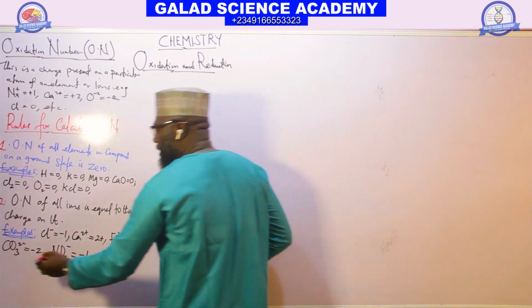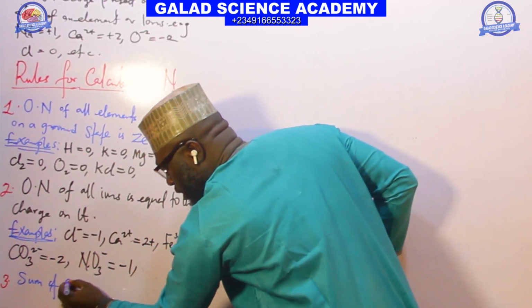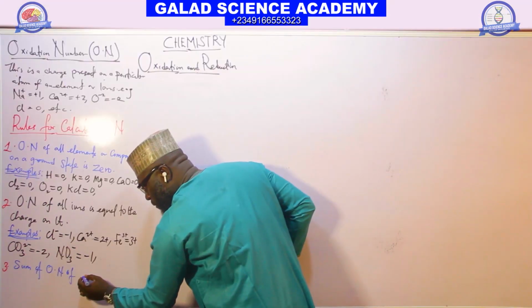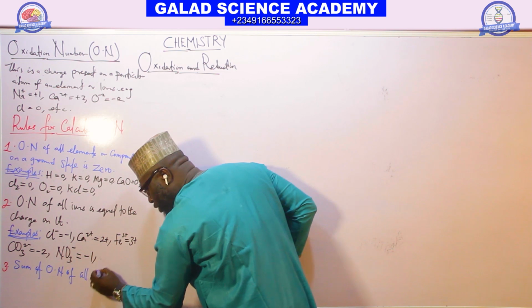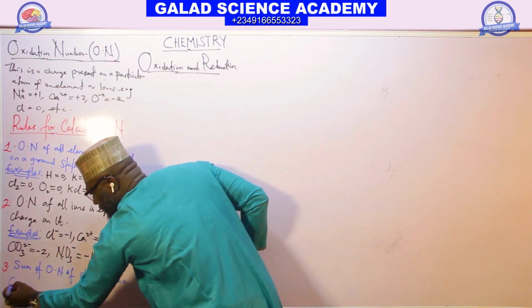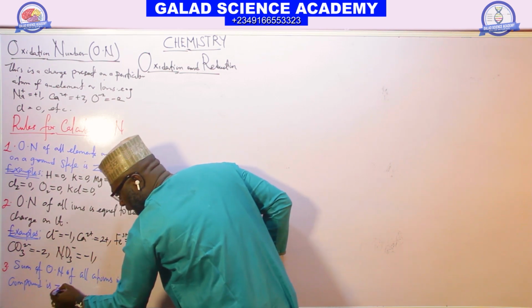The third rule states that the sum of oxidation numbers of all atoms in a compound is 0.